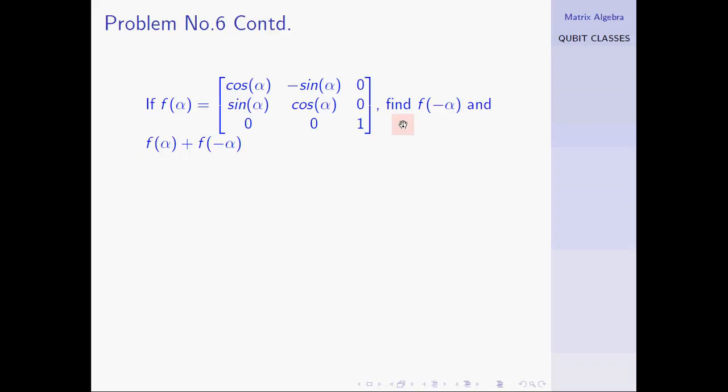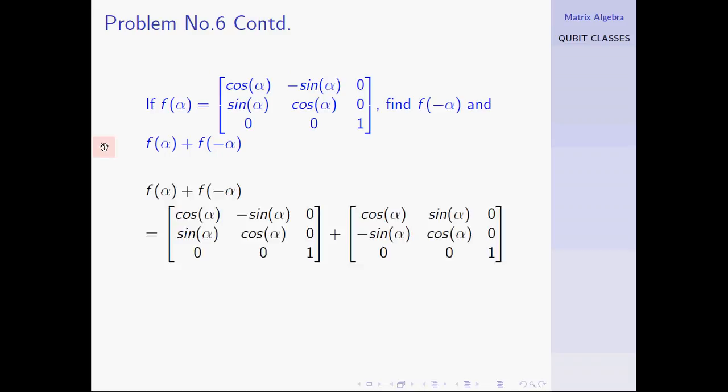Now we have found f of minus alpha. Our next task is to get f of alpha plus f of minus alpha. So as we did previously, we will add these two matrices element wise. Cos alpha and cos alpha will give us 2 cos alpha. Minus sin alpha plus sin alpha will give us 0. 0 plus 0 is 0.